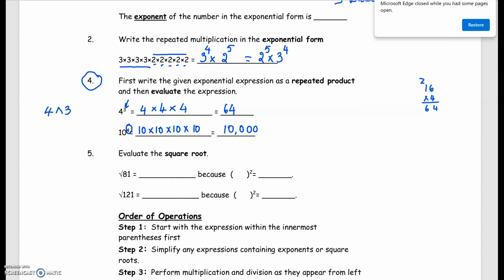So we have to know the difference between squaring a number and taking the square root of a number.